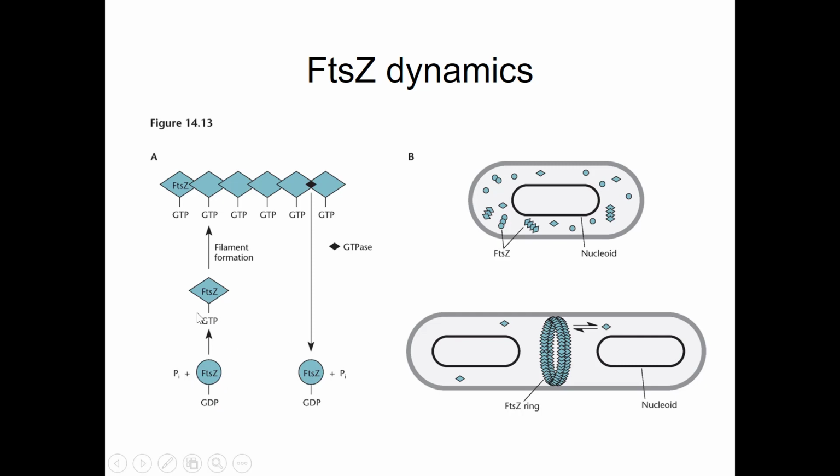It kicks that out, binds to GTP, changes conformation here from the circle to the diamond, and now it can form a filament. That filament is important for forming that ring around mid-cell and also important in the constriction. So you can see here in this picture, once it's gone from one copy of the chromosome to two, that Z ring or FtsZ can begin to polymerize as a ring in the middle of the cell.